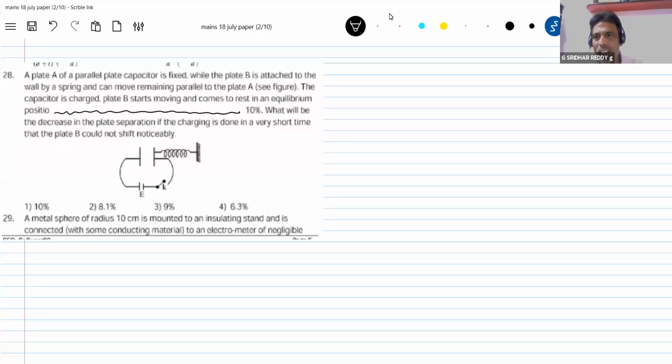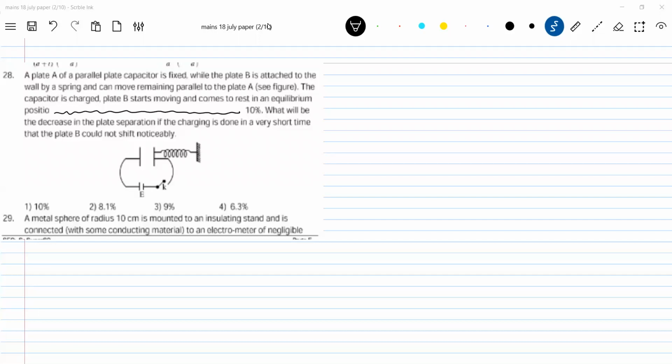So first, what actually? Two diagrams will go for it. One, initially it's in equilibrium.